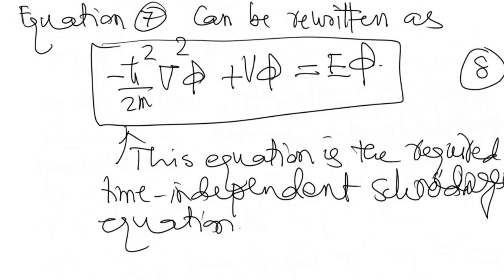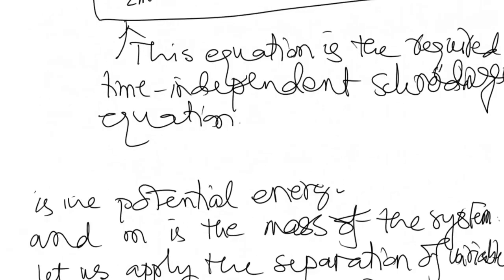Okay, so we have derived the time independent Schrodinger equation. You see, in this equation there is no time variable.